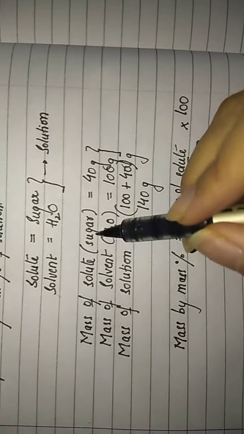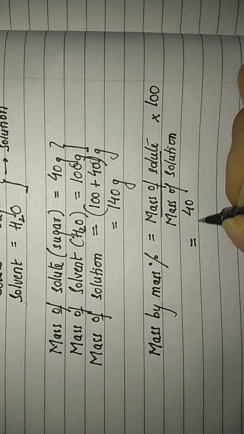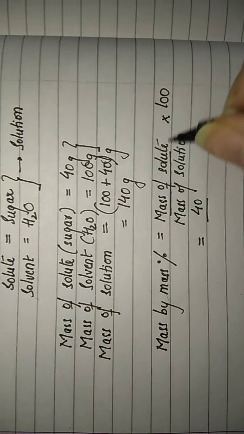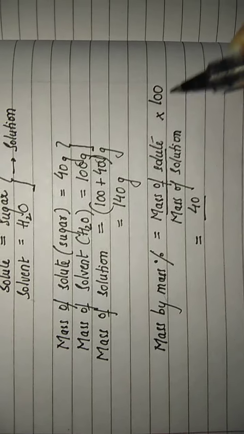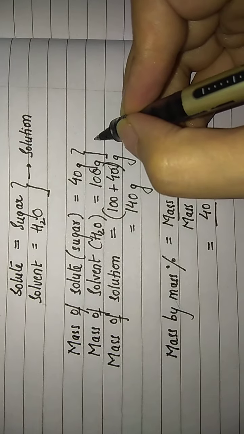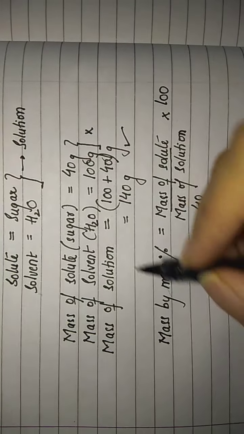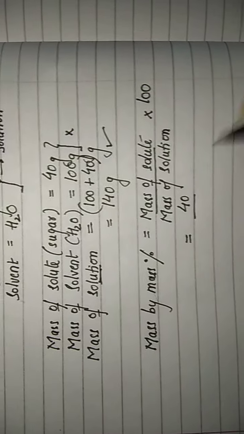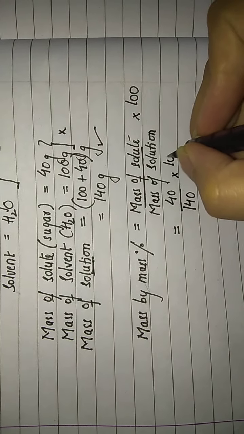What is the mass of solute? 40 grams. So I write 40 here, divided by mass of solution. Now what you have to remember here is this is not solvent, this is solution. So you do not have to write this mass, you have to write this mass, that is the mass of the whole solution. What is it? It is 140 grams into 100.